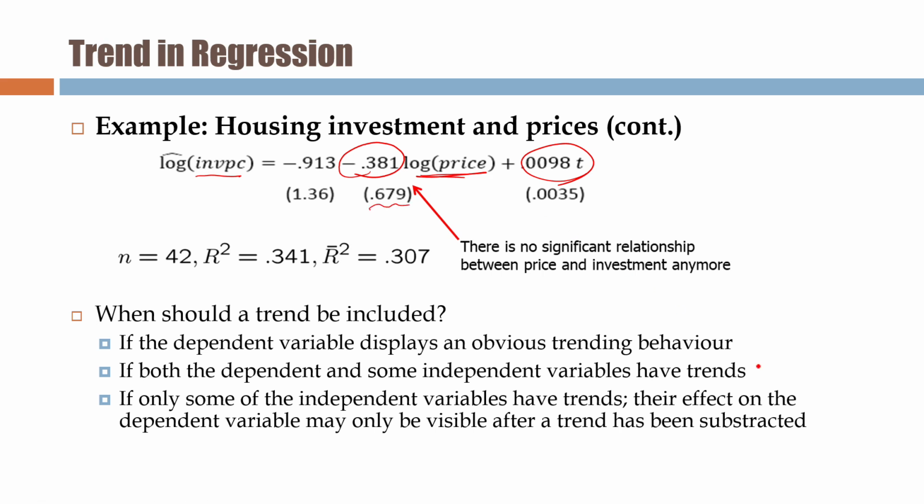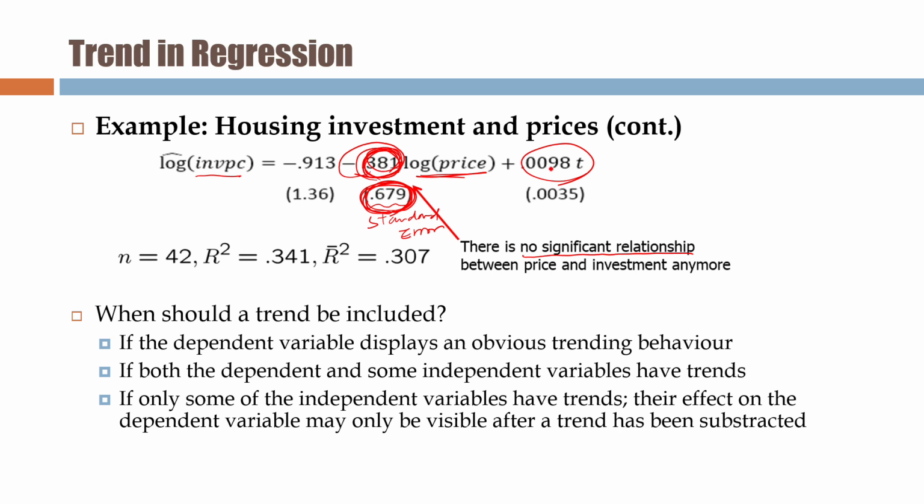This number is a standard error. If you take a look, our coefficient is smaller than the standard error. So this is not a significant relationship, because the error is way bigger than the number itself. So we cannot say this is significant.